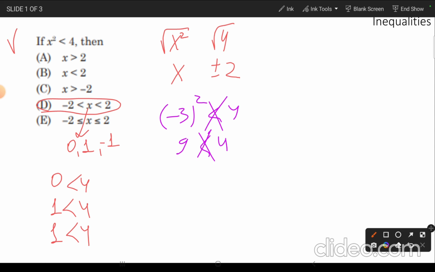So it's not satisfying. And when we substitute 4, 4 squared less than 4? No, it's not less than 4. Nothing else satisfies, greater than 2 and less than -2. All the numbers, just numbers between -2 and 2.